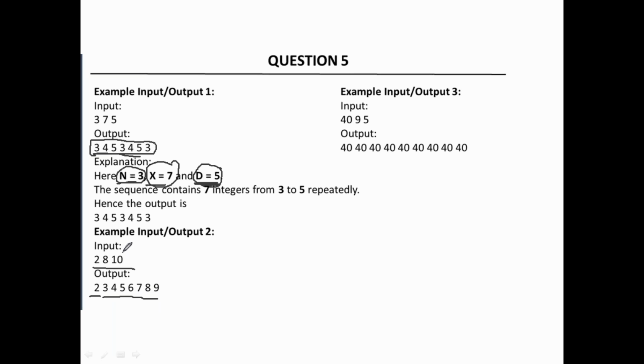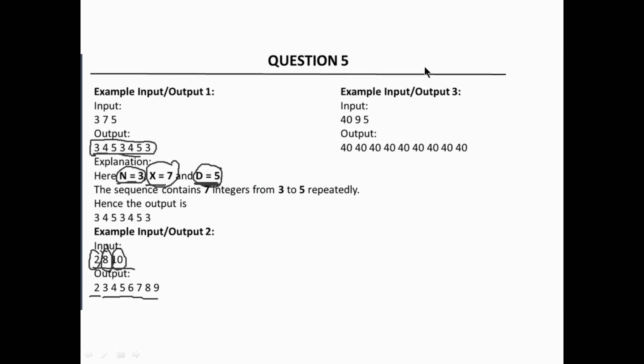What is the stop value? 10, right? Until we reach this, we should repeat. After reaching 10, again we start printing from value 2. If this x value is large, then after reaching 10, once again we start printing from the starting value, that is 2.